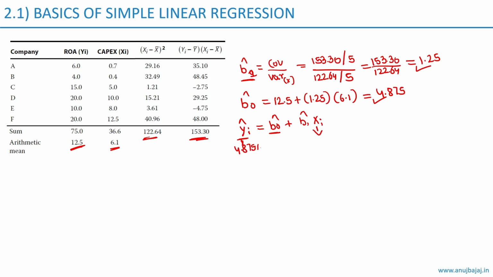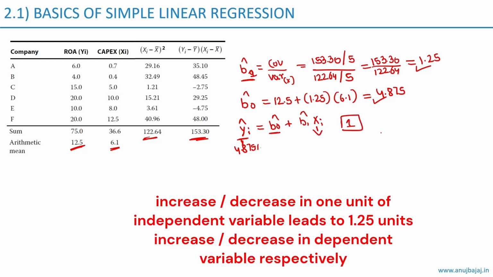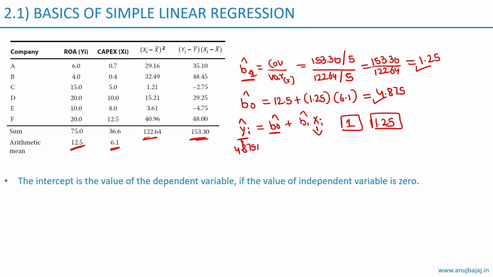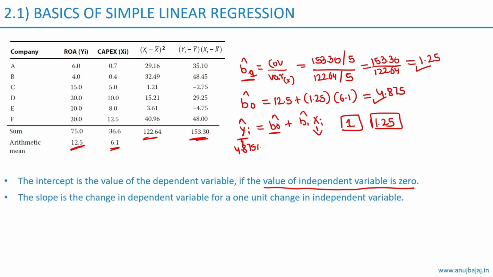And the slope coefficient implies that for a 1 unit increase in the independent variable, the dependent variable will increase by 1.25 units. So the intercept is the predicted value of the dependent variable if the value of the independent variable is 0. And the slope is the change in the predicted value of the dependent variable for a 1 unit change in the independent variable.